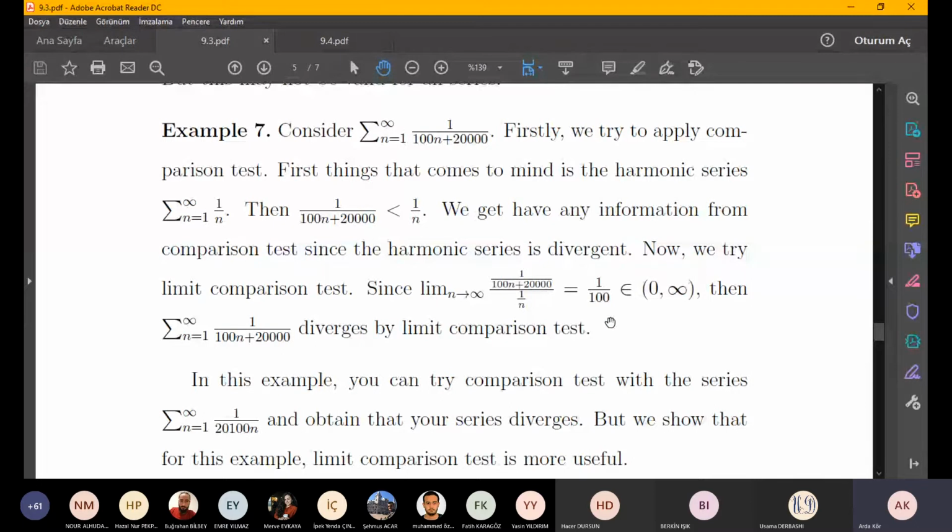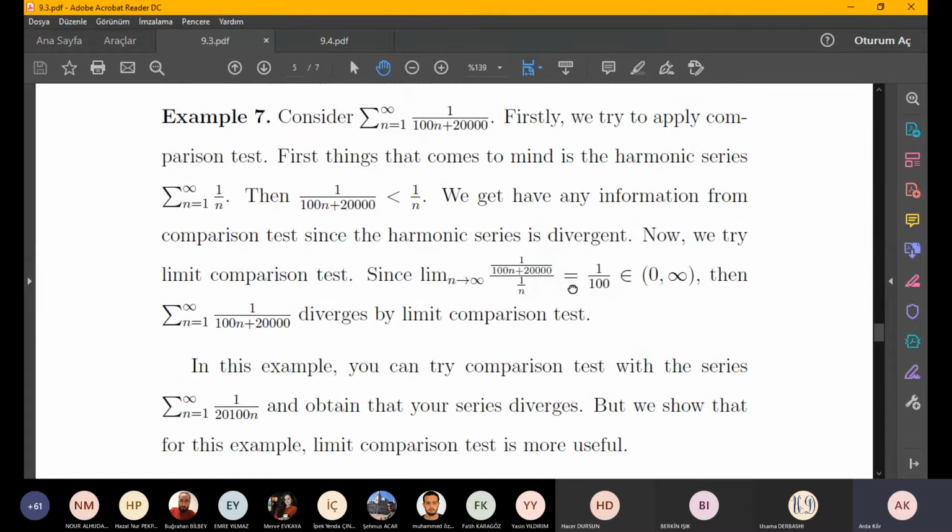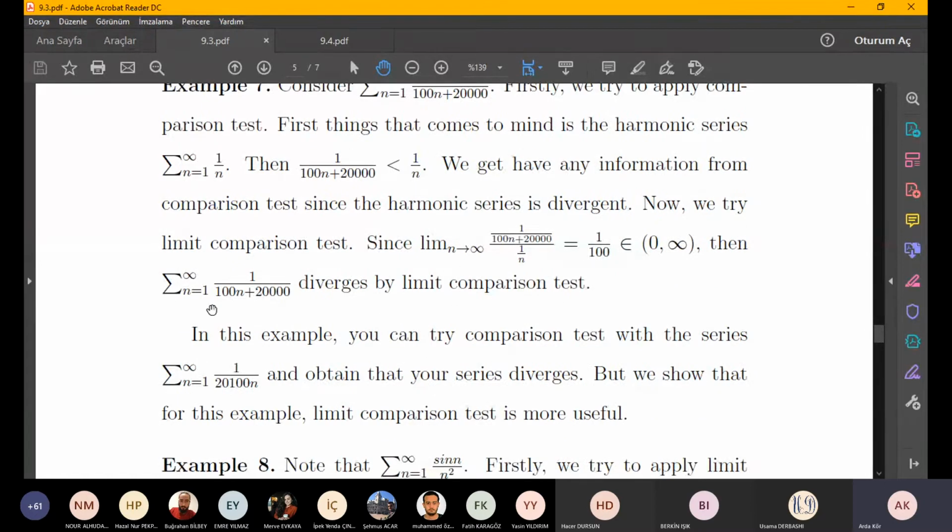Since we have seen limit comparison test, let's try it. So again, by using the same idea that I have said for the previous example, you will pick 1 over n as bn. So if you divide an by bn, you can directly say it is a finite number, which says both the series have the same behavior.